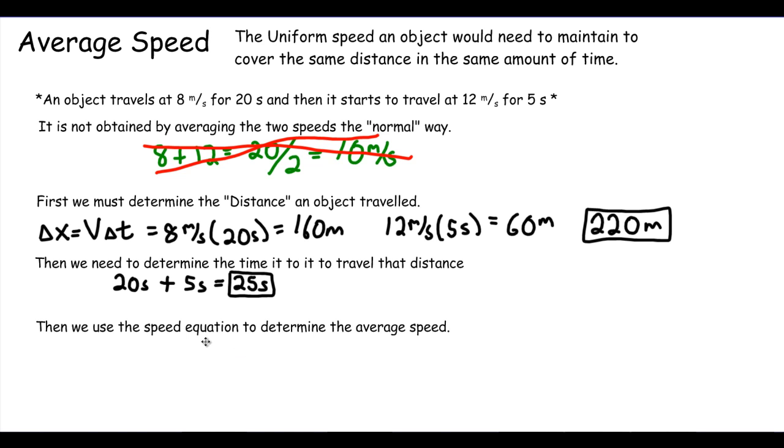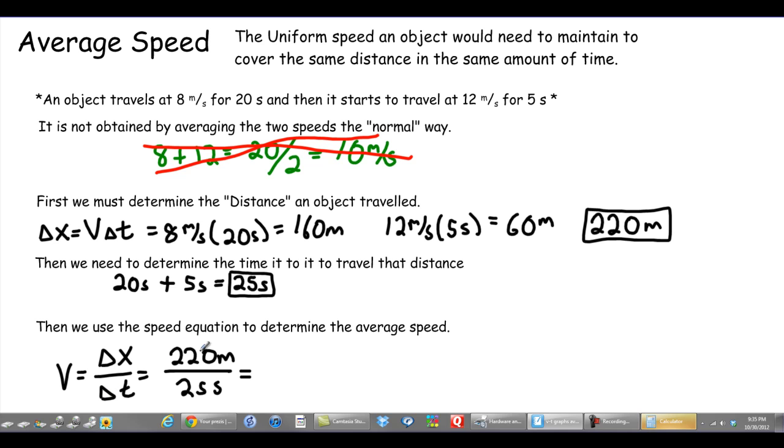Then we're going to use the speed equation to determine the average speed. Now the speed equation we used up here before, except I converted it into another version. The speed or velocity equals my total distance, my delta x, divided by delta t. So in this case, I have 220 meters divided by 25 seconds. Okay, so let's pull up a calculator.